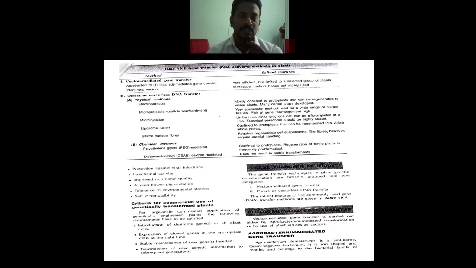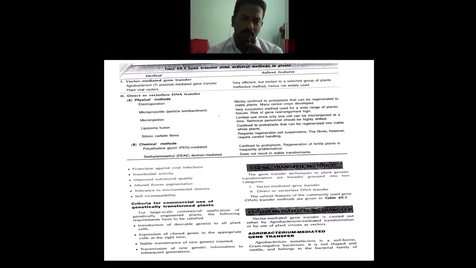And chemical methods are polyethylene glycol mediated and diethyl aminoethyl dextran mediated gene transfer methods. These are the methods widely used at present for transferring the genetic material into the plant genome.